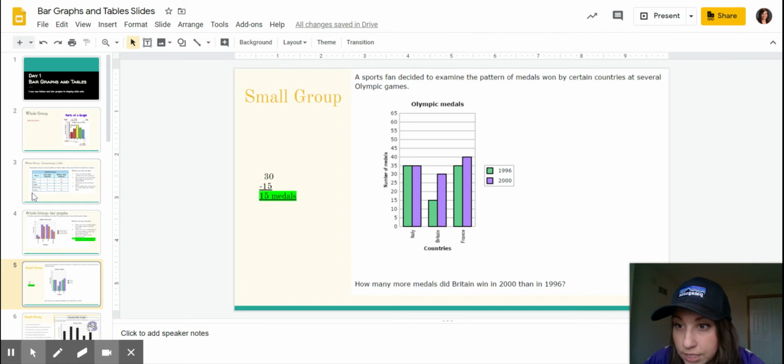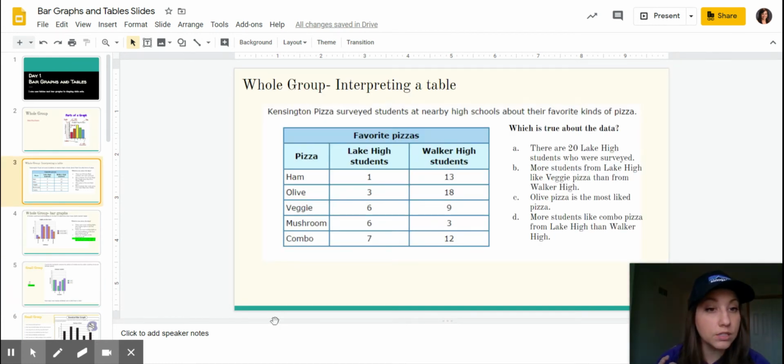Now let's talk about tables really quick. Tables are similar in a lot of ways in that it's another way to represent data. They have titles, they have labels, they have intervals, and all those things are important. So the first thing I do is the same as the bar graph. I read the title, favorite pizzas.